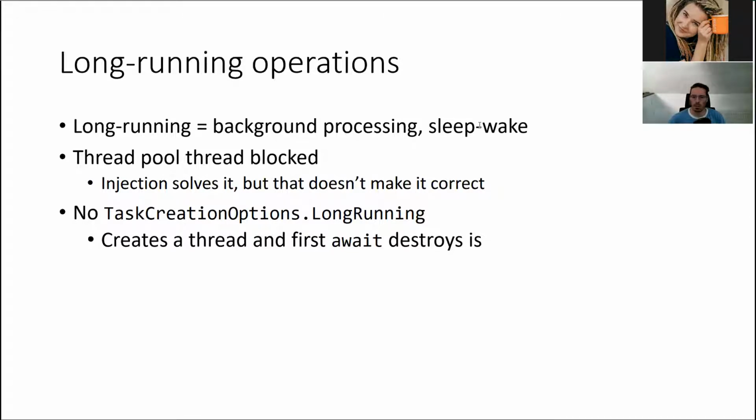The system needs to know about this thread, needs to think about it and all this stuff. And the thread pool will eventually realize, okay, there's one thread that's being used, but doing nothing. So I will do an operation that's called thread injection, that will put an extra thread into the thread pool. And the thread pool by default is keeping the same number of threads as the CPUs.